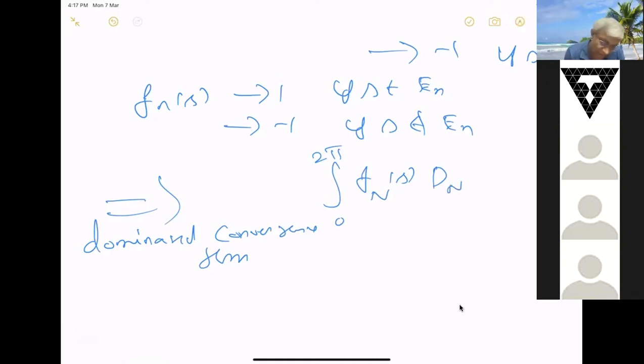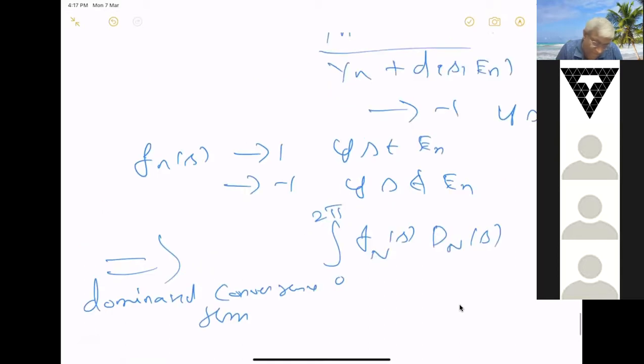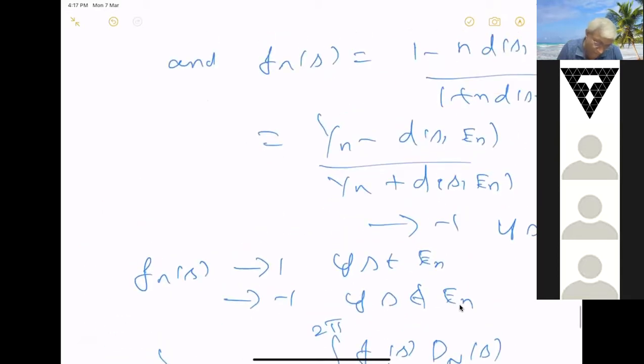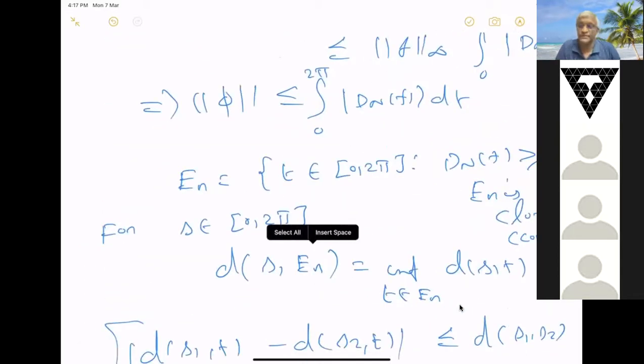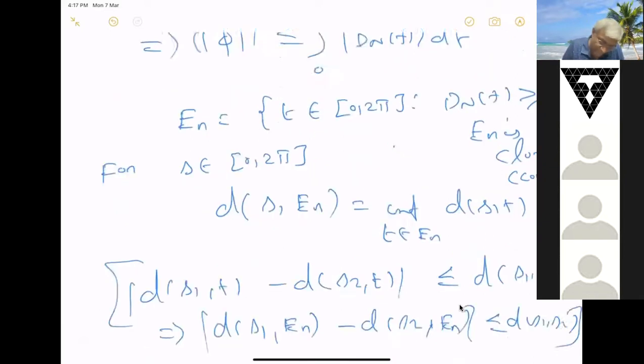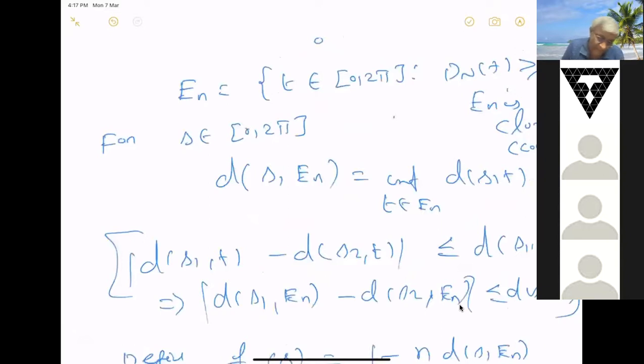So FNS DNS will converge to mod of DNS. That is how this EN is defined: EN is the set where DN was positive. So wherever it's not positive, that is its complement, and there it becomes like this.